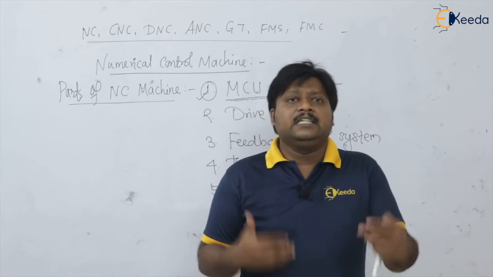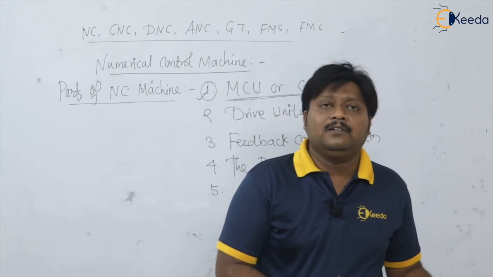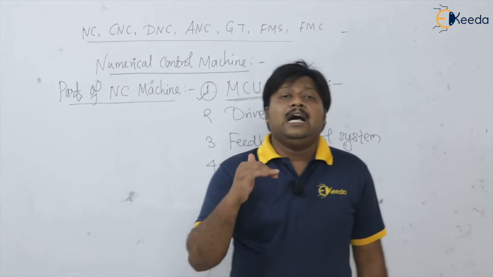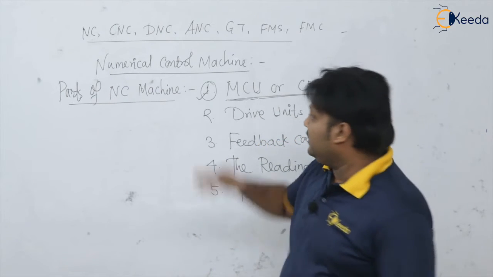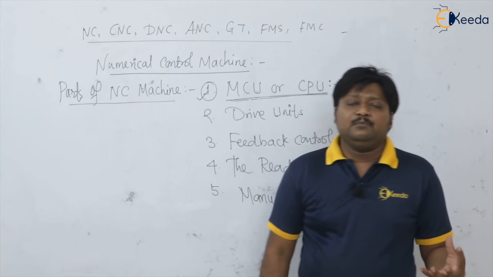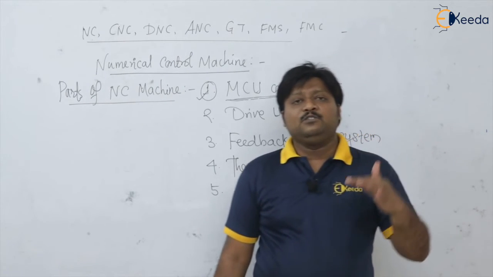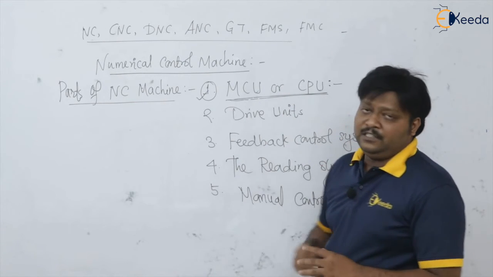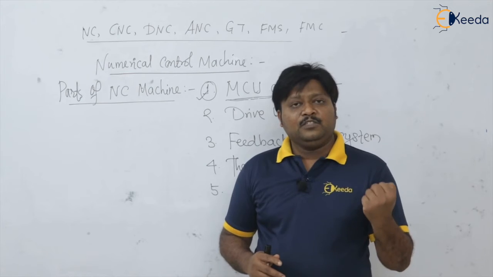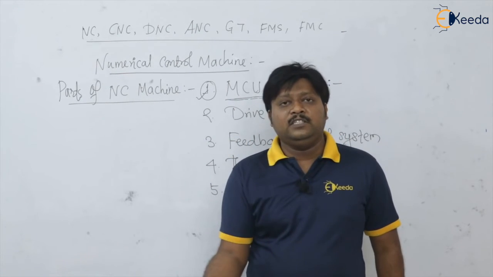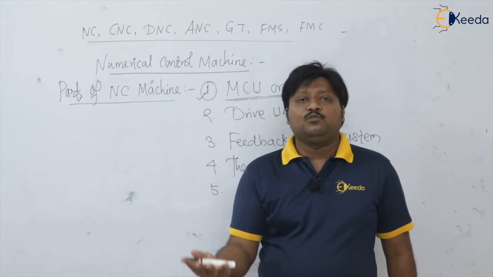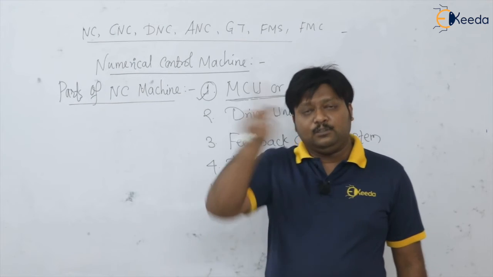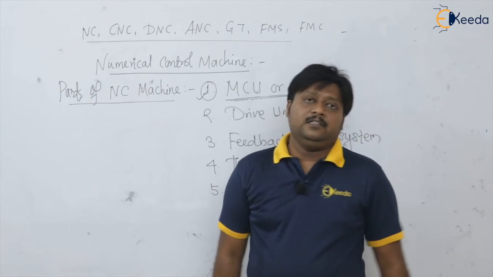To convert high level language into low level language, there is a mediator known as the arithmetic logic unit. It is part of this MCU. So the MCU receives the information, analyzes it and produces the output results or output command to move the axis from one position to another position.